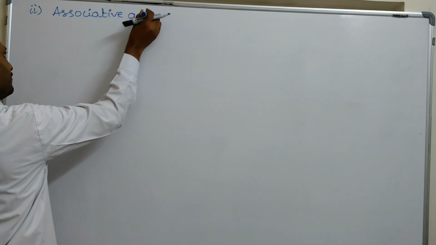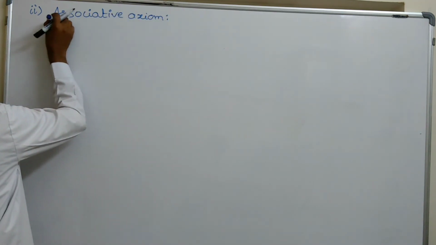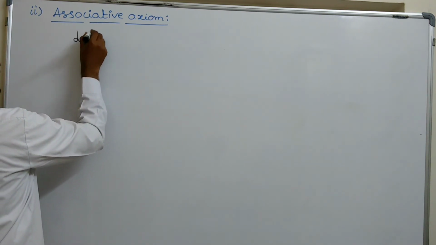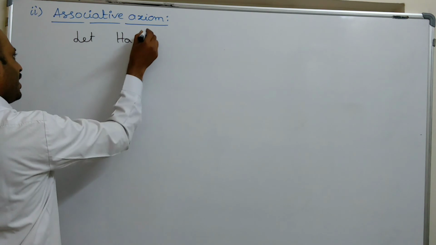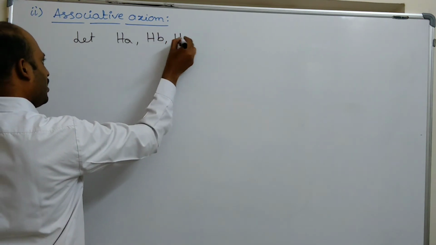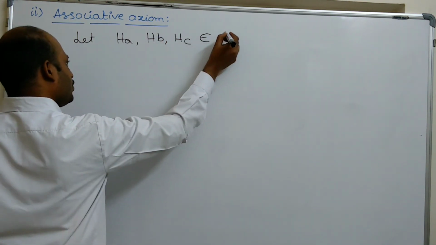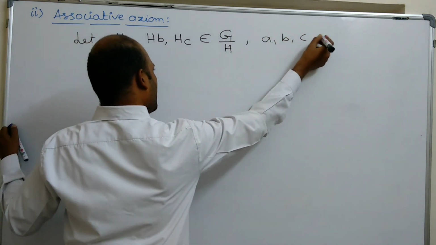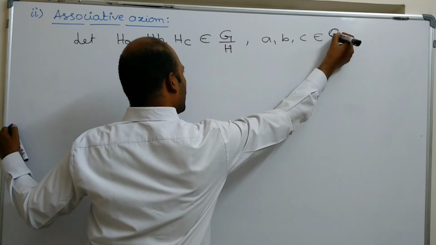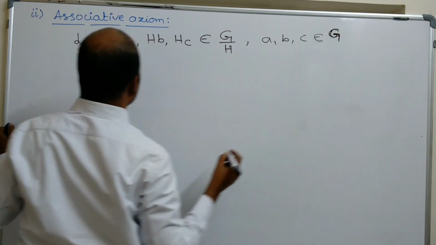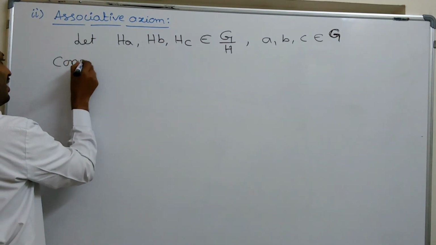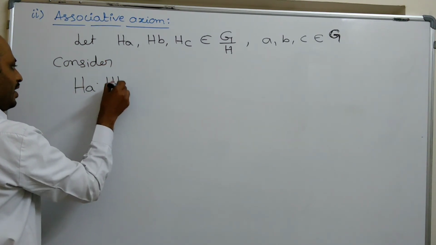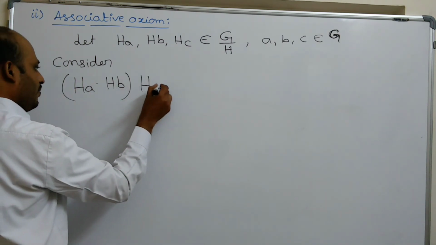Associative axiom. Let us take any three cosets from G by H. Let us take HA, HB, HC belongs to G by H, where A, B, C belongs to the group G. Now consider HA into HB into HC.